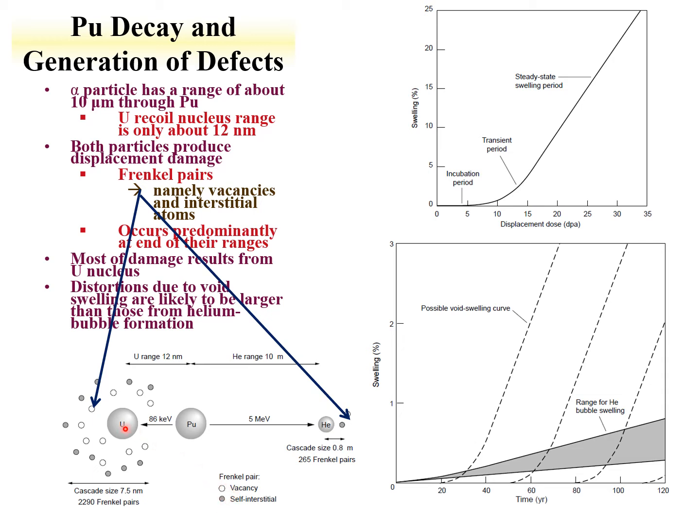So vacancies are just holes where an atom should be, and an interstitial is an atom sitting in a place where it shouldn't be. So these pairs are formed, they coalesce together, and as we see here, there's a smaller amount of energy, shorter range, but many more Frenkel pairs, about an order of magnitude more, are produced from the uranium recoil.